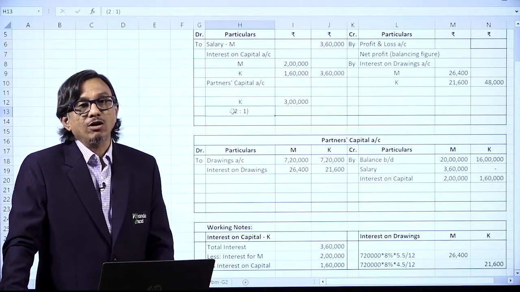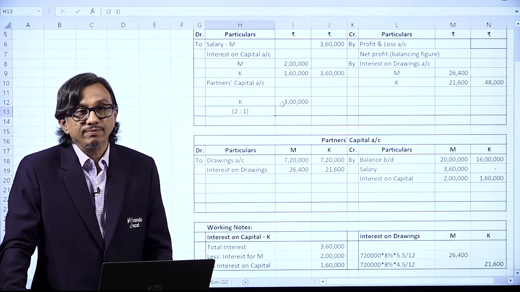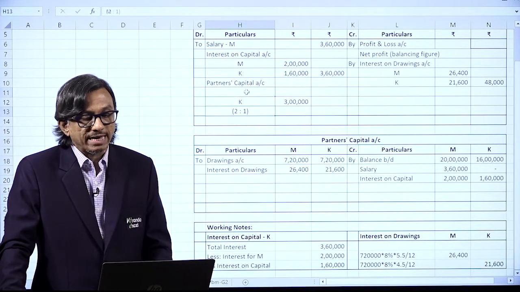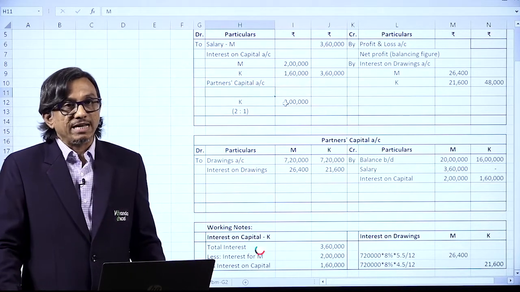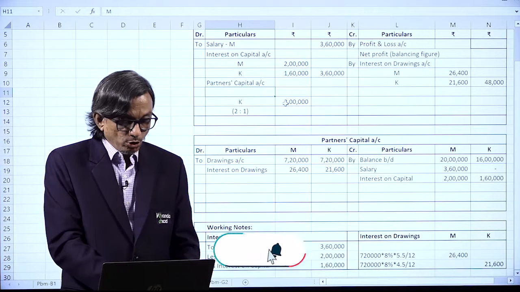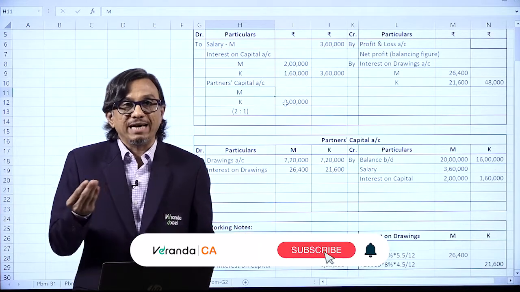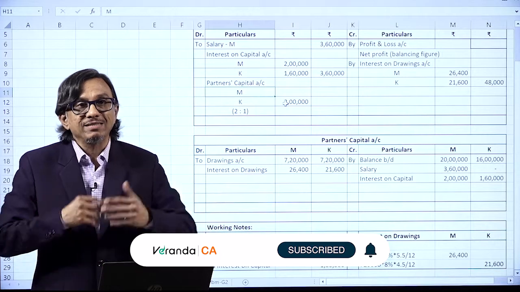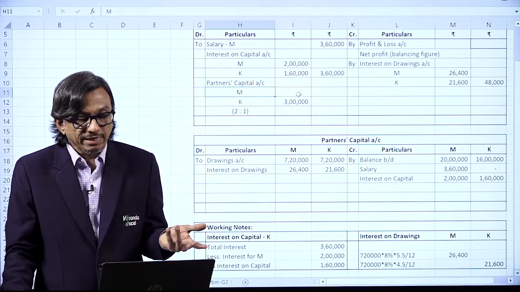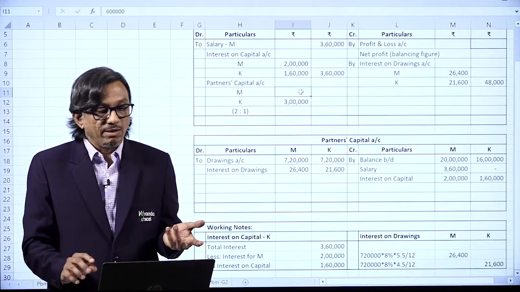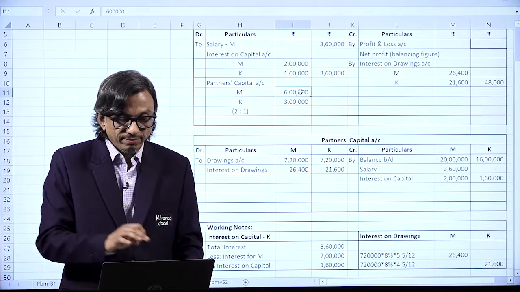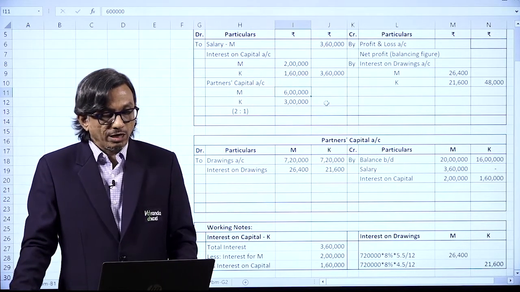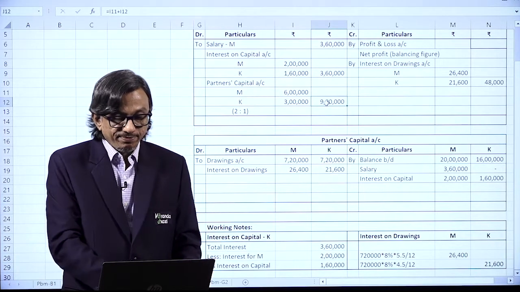If 1/3 of the profit is 3 lakh, what will be M's share? M's share is 2/3. That means it will be 2 times of what K gets. So if K gets 3 lakh, M will get 6 lakh. That is the total divisible profit. So the total profit is 9 lakh.